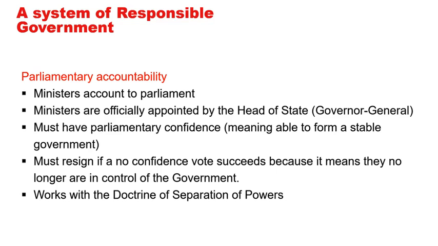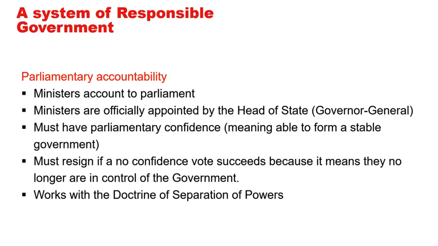Once the lower house has passed a motion of no confidence, the government must immediately resign or submit itself to the electorate in a new general election. This is the meaning of it being responsible, ultimately, to the people.